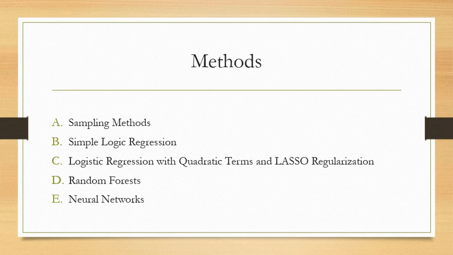For the sampling methods, he used them on the training data. For example, undersampling balances the data by randomly choosing observations from the majority class to exclude.